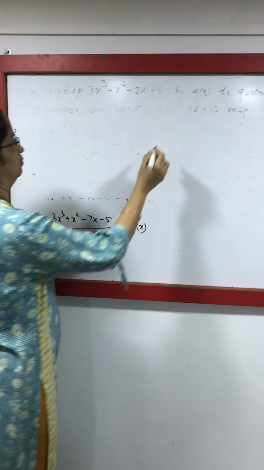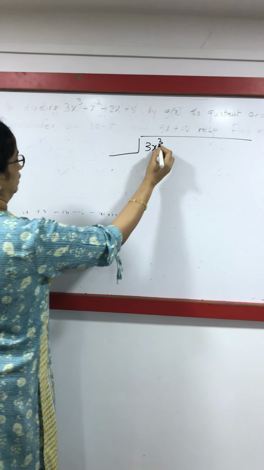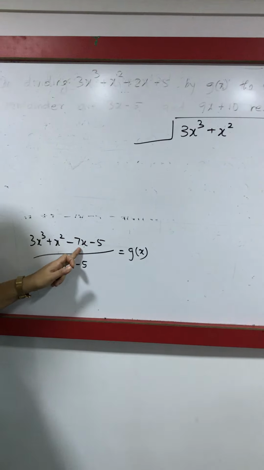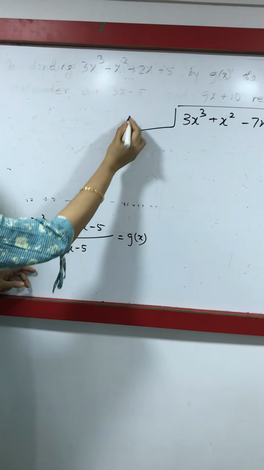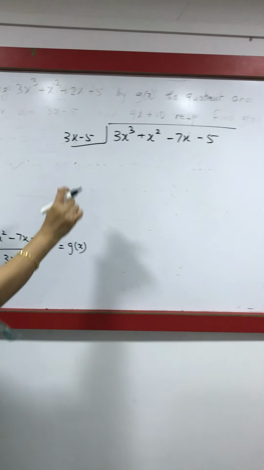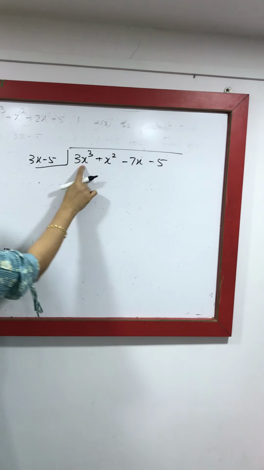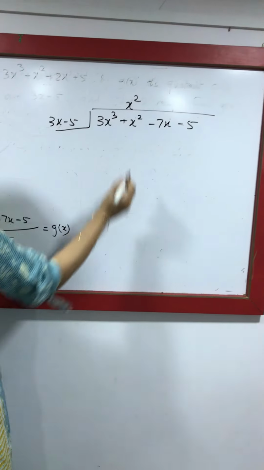We divide 3x cube plus x square minus 7x minus 5 with 3x minus 5. As I have already told, to find the first term of the quotient, we divide 3x cube with 3x, and that will give us x square.